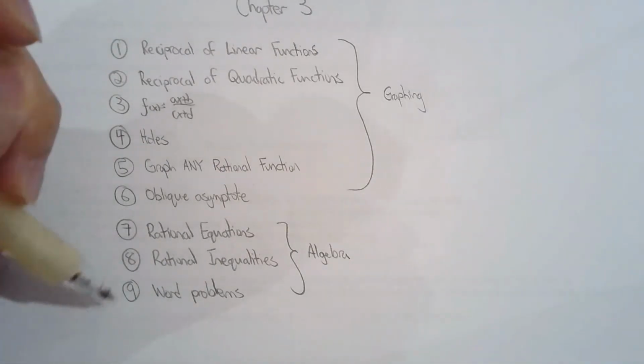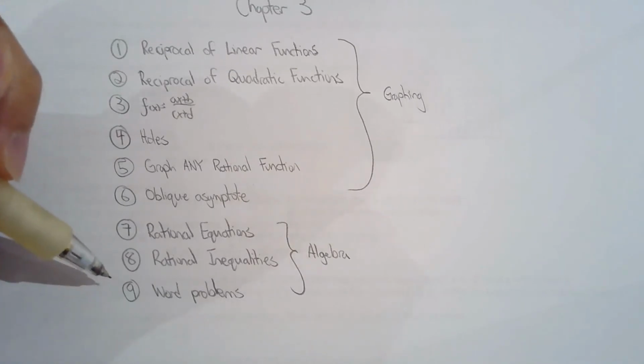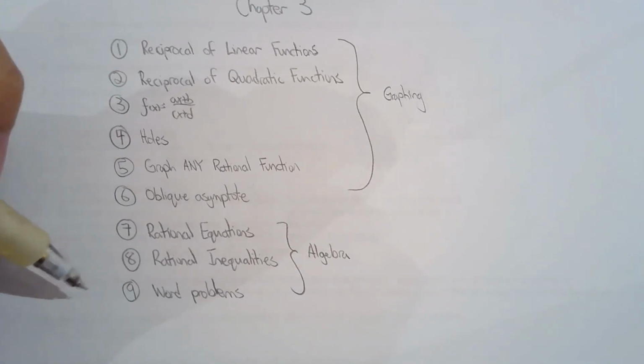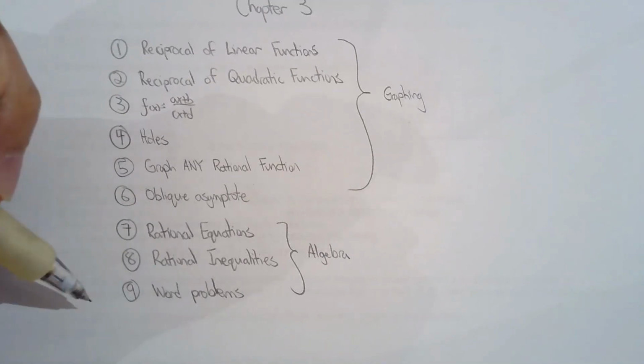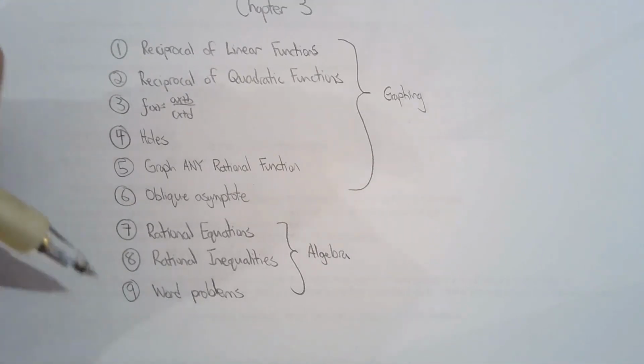And lastly, we did some word problems involving rational functions and rational equations. So the hardest part for those rational equations is developing the model. So you had those work rate problems, you had those speed rate problems, the couch problem that we did. But yeah, the hardest part really is generating the model, and then solving the equation should be easy peasy.